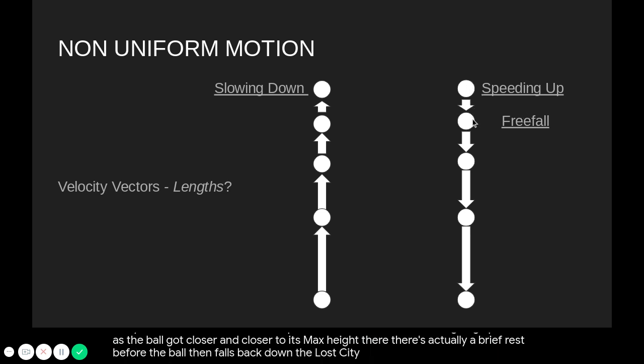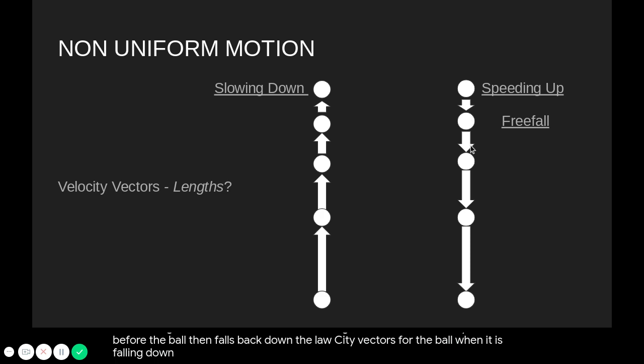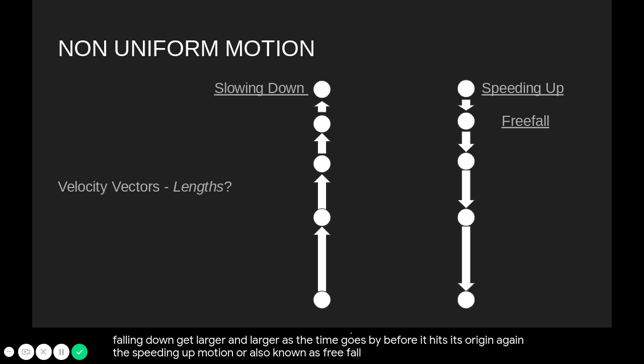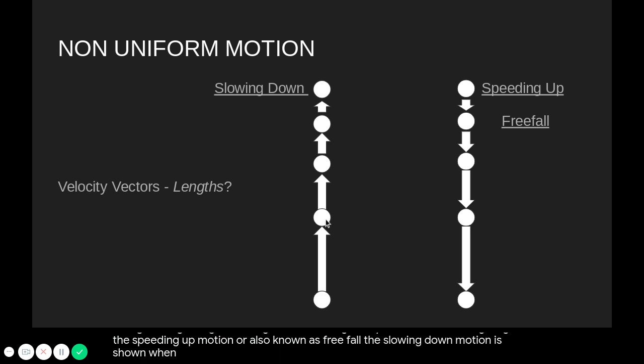The velocity vectors for the ball when it is falling down get larger and larger as the time goes by before it hits its origin again. This speeding up motion is also known as free fall. The slowing down motion is shown when the velocity vectors get shorter and shorter. While speeding up, they are larger and larger.